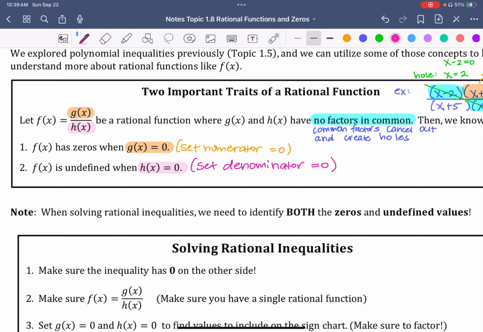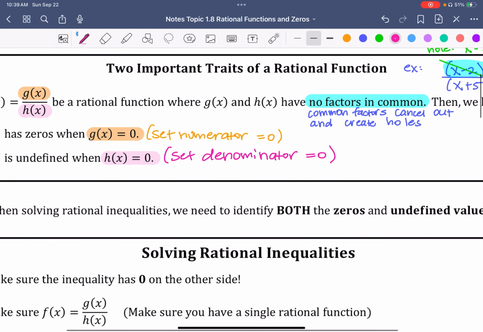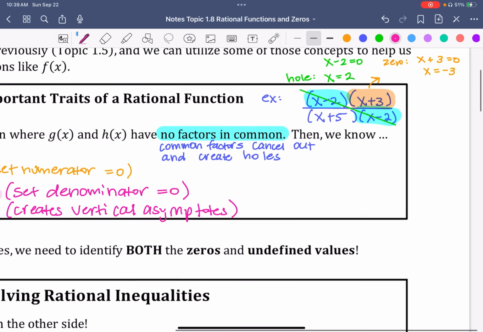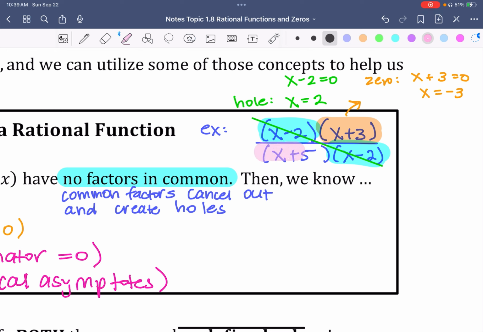They both occur when the denominator equals 0, but if any of the factors do not cancel out with any factors in the numerator, then you get vertical asymptotes. Okay, so on this one, the remaining factor in the denominator was x plus 5. So we would find the vertical asymptote by setting that factor equal to 0, and we would get a vertical asymptote at x equals negative 5.